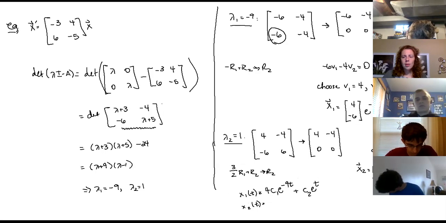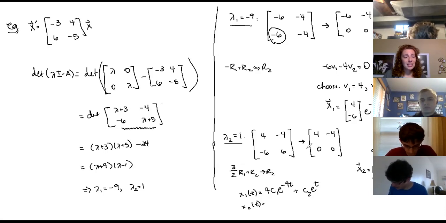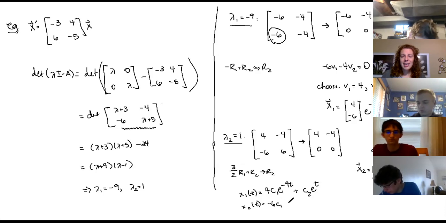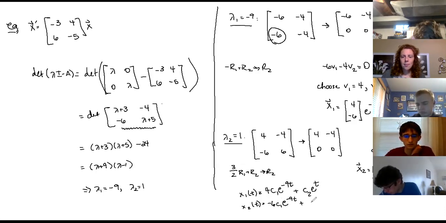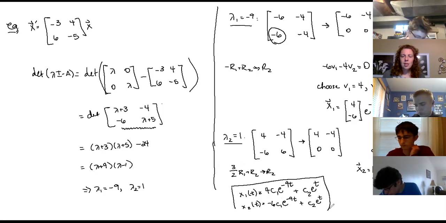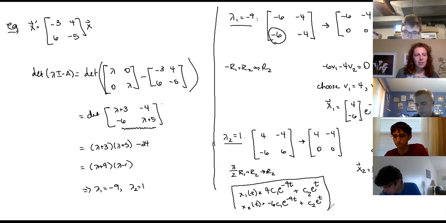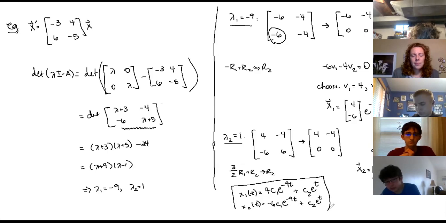First row of each of these, first x1 vector is multiplied by c1, x2 vector is multiplied by c2. So then my second function is going to be -6 c1 e to the -9t plus c2 e to the t. And there is my solution to my system of differential equations.